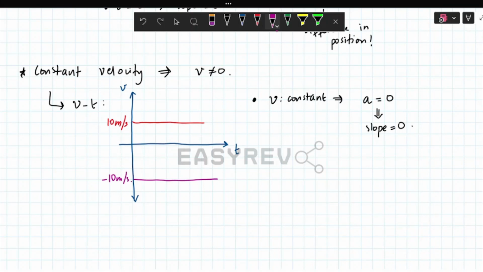Now, what does this mean physically? Well, we remind ourselves that velocity is a vector. So the negative sign merely represents an opposite direction.